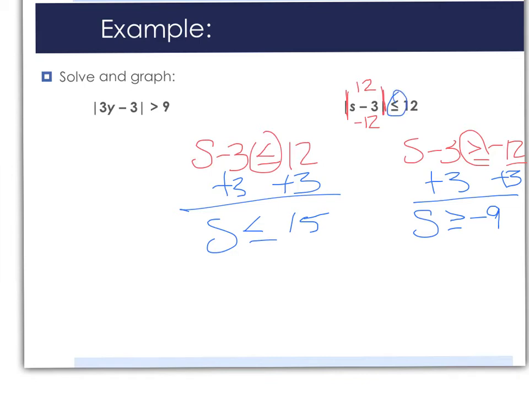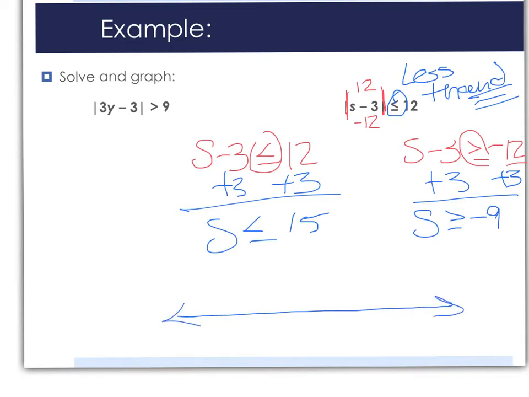Again, less than, and. That means I have an AND graph. So s has to be greater than or equal to negative 9. Color in my circle and go to all the numbers larger than negative 9.